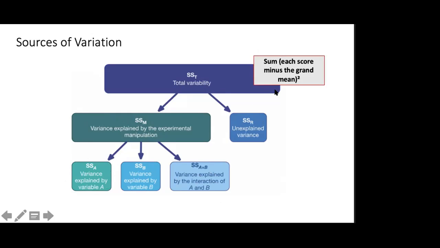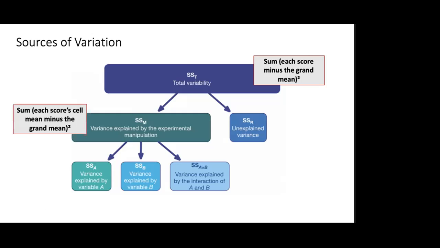I always find it helpful, instead of just using labels or words, to also talk about how it's calculated, because it makes things clearer. The total sum of squares is the sum, over each score of each individual subject in all groups, of the score minus the grand mean across all conditions, squared. Then we have the model sum of squares, which uses the cell mean that each score belongs to.